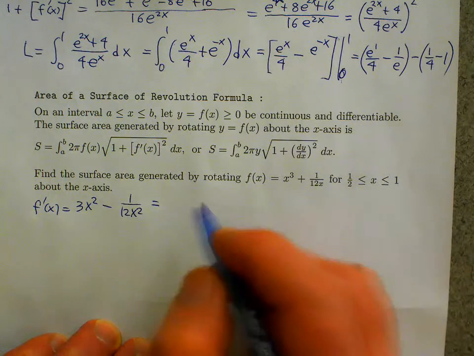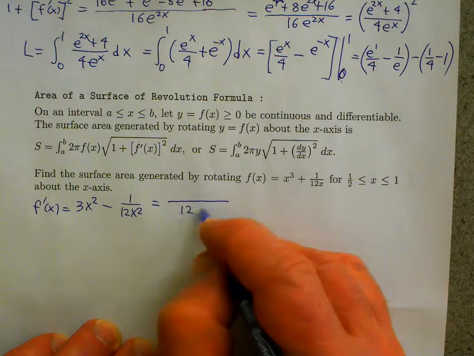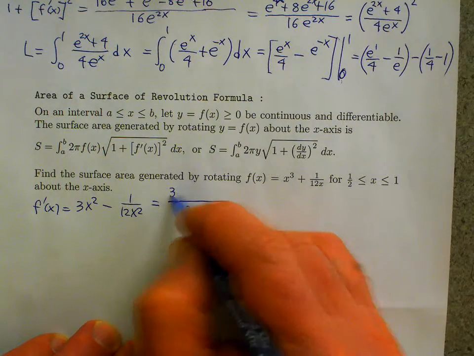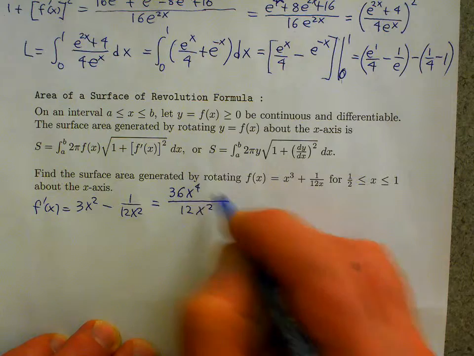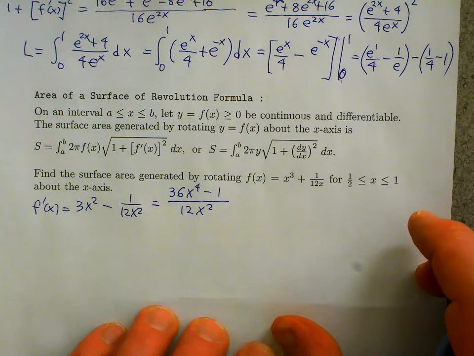Okay, so if we write this with a common denominator, 12x to the second, then the numerator is 36x to the fourth minus 1. So we have to square that.